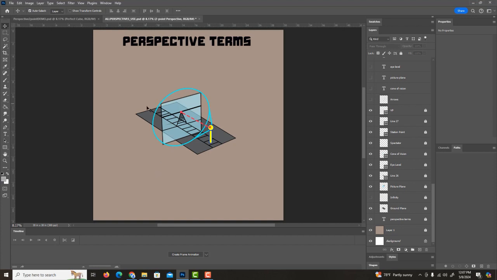If your picture plane is wider than the cone of vision and you're drawing outside of that, your perspective lines and your imagery can look unnaturally distorted. So to make objects look natural in perspective, you need to keep your picture plane within your cone of vision.